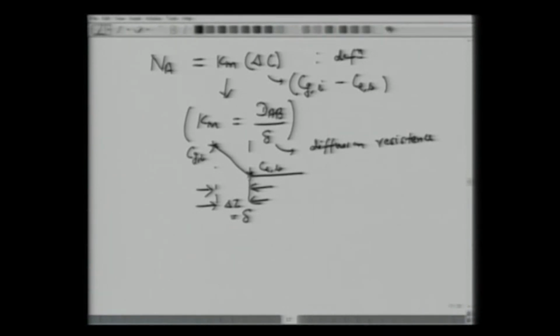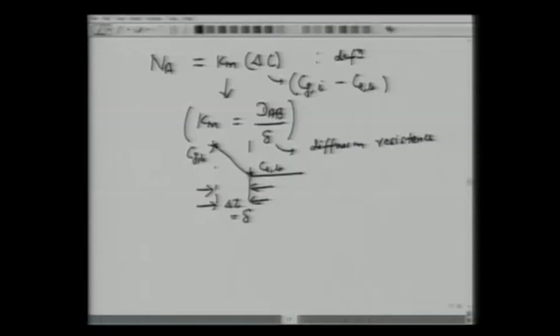Okay, so it is very common and very popular, and widely used, but it has its limitations. And we said earlier that there is no bulk transport in this.